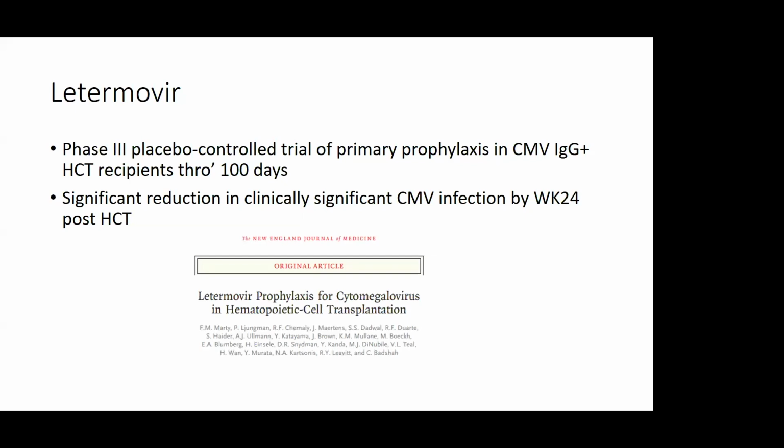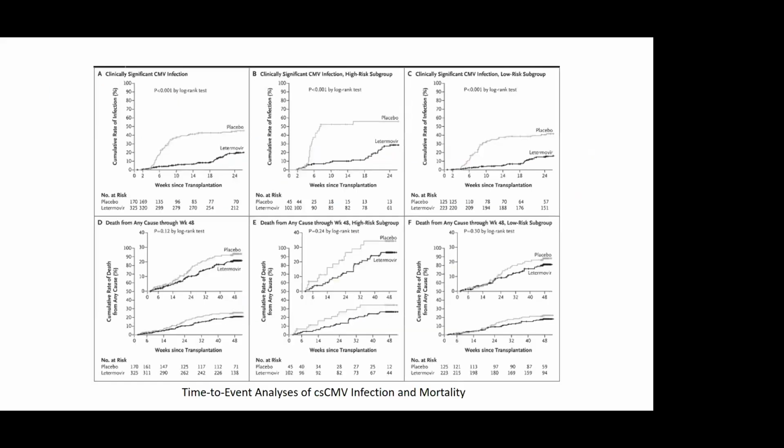Of course, we've mentioned already that letermovir is the terminase inhibitor of CMV. Okay, and I'll show you very quickly this slide without really describing it in detail, but you could see on the top here the clinically significant CMV, which is the primary outcome, the efficacy in the population, and according to risk groups.